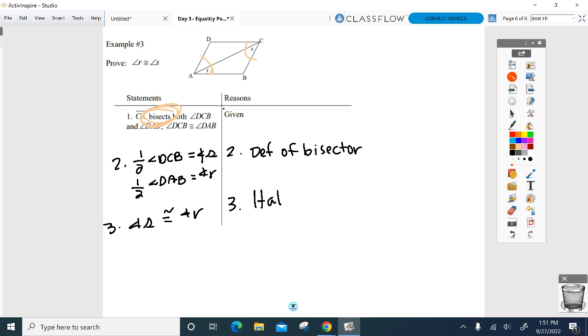Halves of equal quantities are equal. You need to make sure the checklist is done before you write that down. And what's the checklist? A pair of equal angles, and you have to take half of them. That has to be there before you use halves of equal quantities. All good.